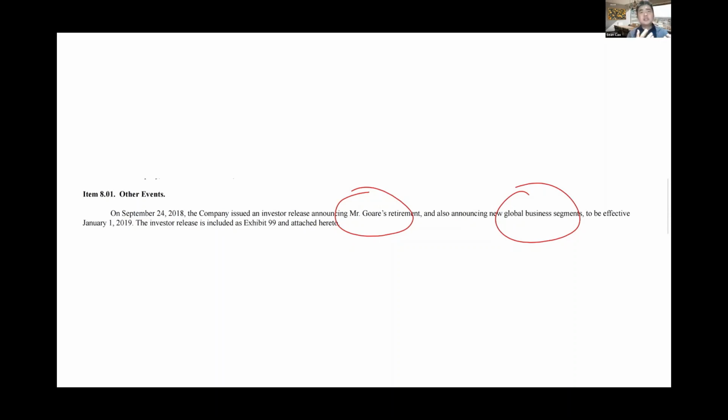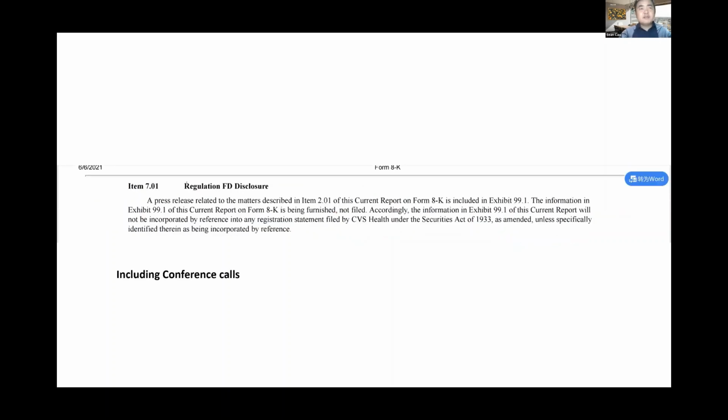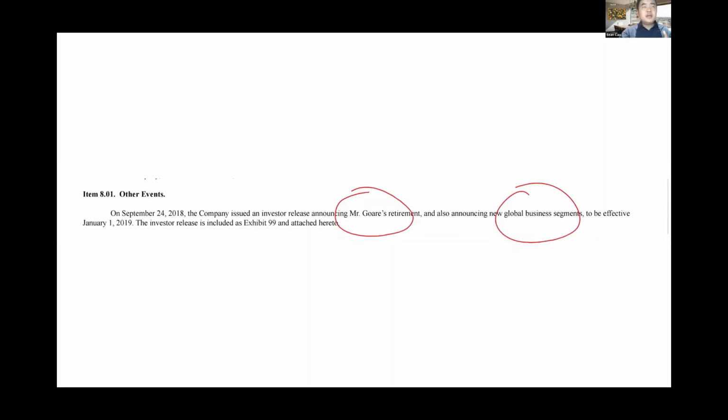The company has some material news that cannot be classified in the previous categories. So items 7.01 and 8.01 contain a huge variety of news that you can analyze. You can do data analytics, you can help investors, you can help managers.